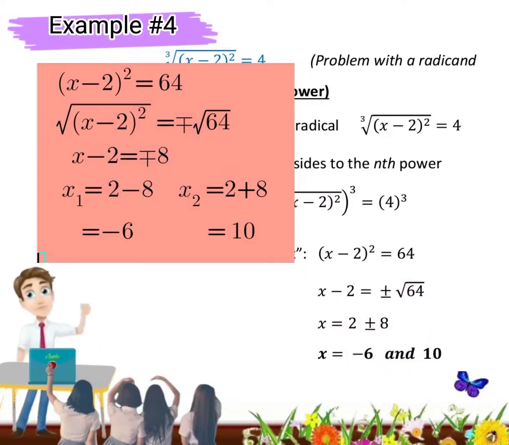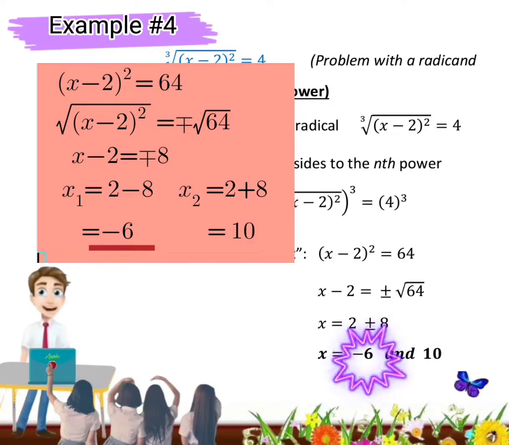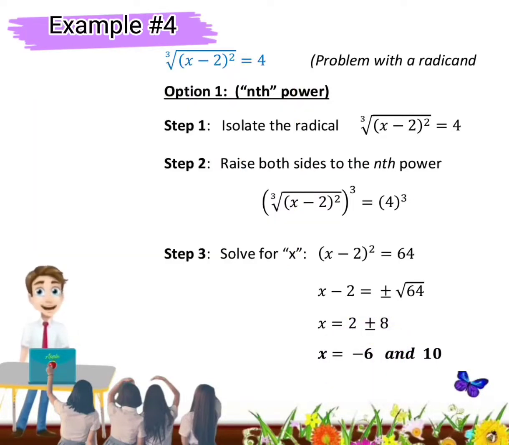And then solving finally for the value of x, we have the first value of x, that is 2 plus 8. It is equivalent to 10. And our second value of x, that is 2 minus 8, so we have negative 6. So those are the values of x that will satisfy the given equation.